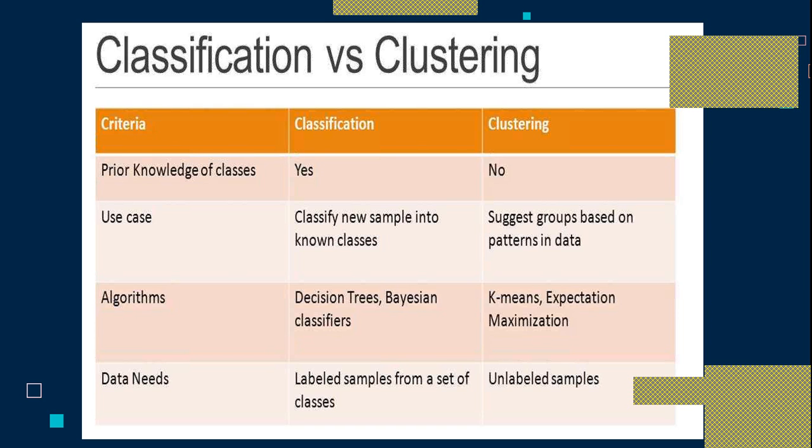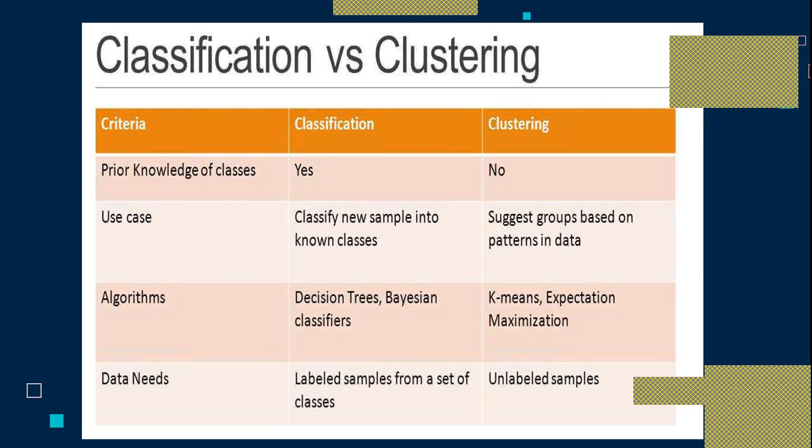So for classification, keep in mind that if you want to use any classification algorithm, for example, decision tree or Bayesian classifier, your data must be labeled data. It's properly labeled, who is a dog and who is a cat.